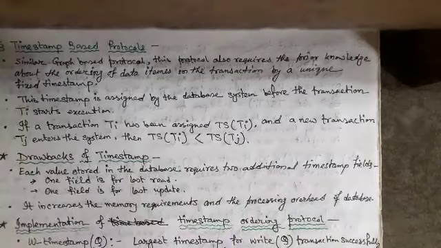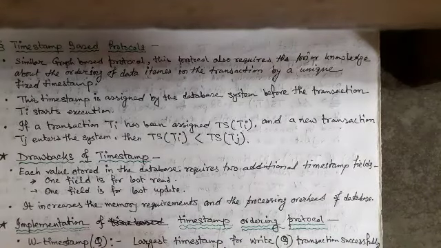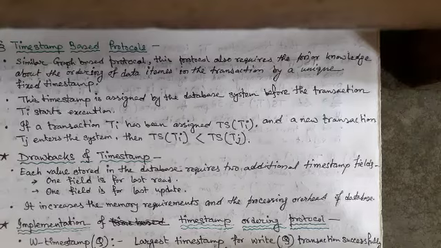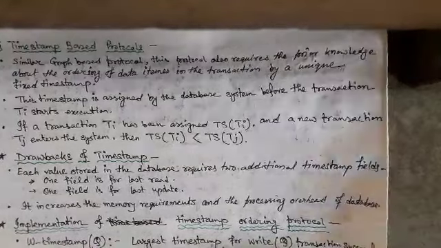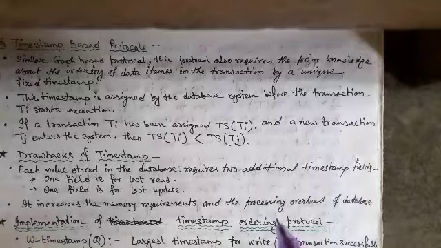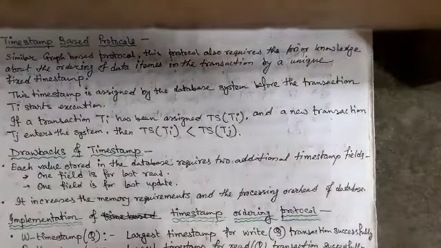This timestamp is assigned by the database system before the transaction Ti starts execution, and it is denoted as TS of Ti.